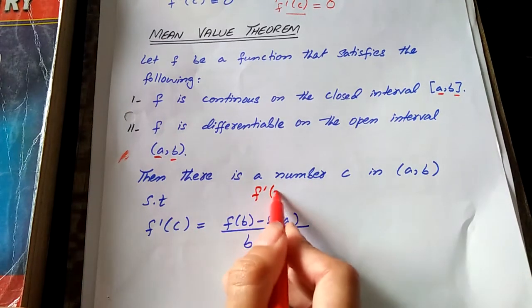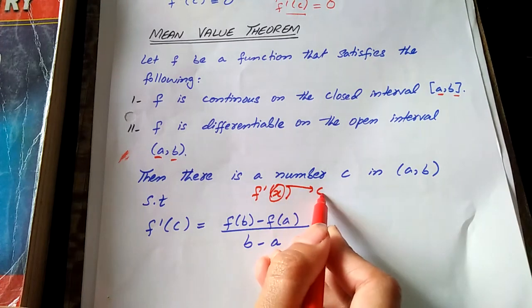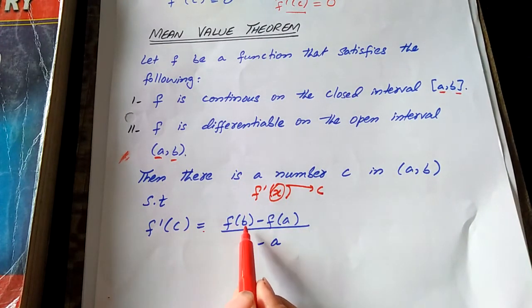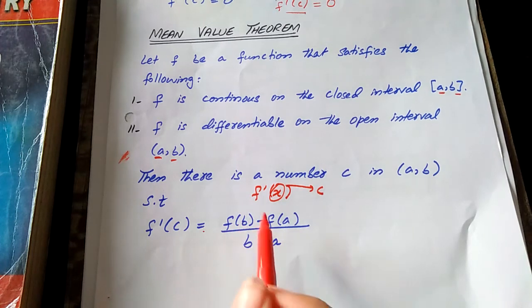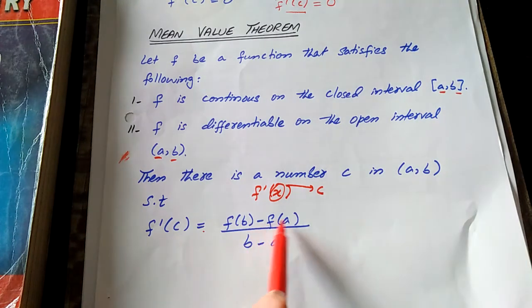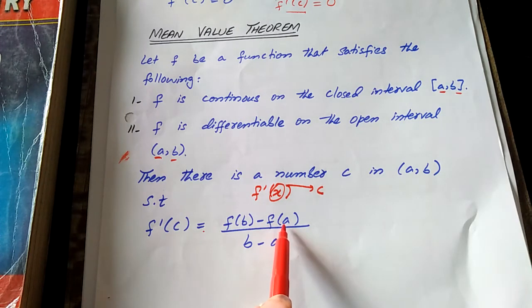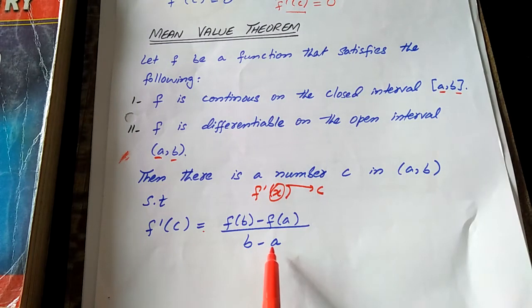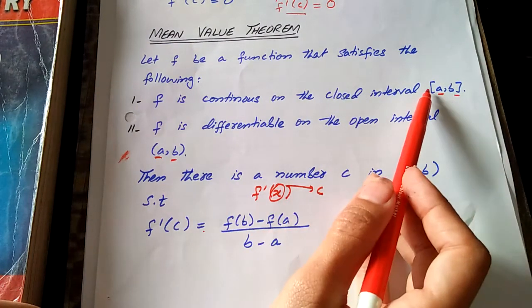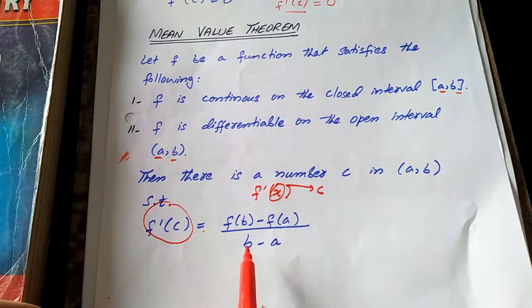We will put C in place of x in f dash of x and make it equal to f of b minus f of a, divided by b minus a, where a and b are the values of the interval. Then rearrange the equation and get the value of c.